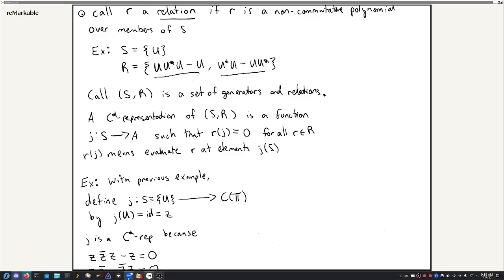And combined with the first relation, you also get that the source and range projections are an identity for the algebra of polynomials in U and U star. So then the C-star algebra, which is universal for these generators and relations, is the C-star algebra which is universal for a unitary, which I think you guys have seen is continuous functions on the circle.